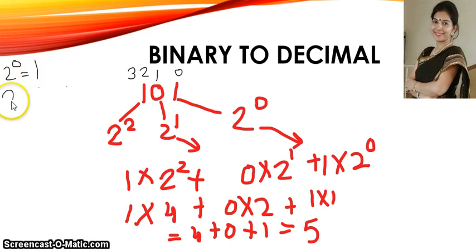Then if it is written 2 raised to the power 1, that means 2 written once is equal to 2. If it is written 2 raised to the power 2, that means 2 written 2 times, 2 into 2, and it becomes 2 into 2 is equal to 4.